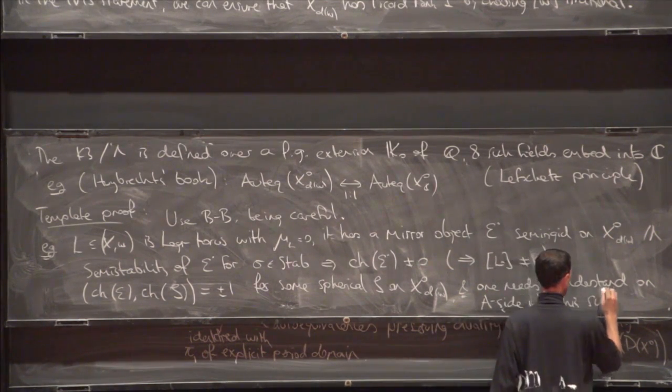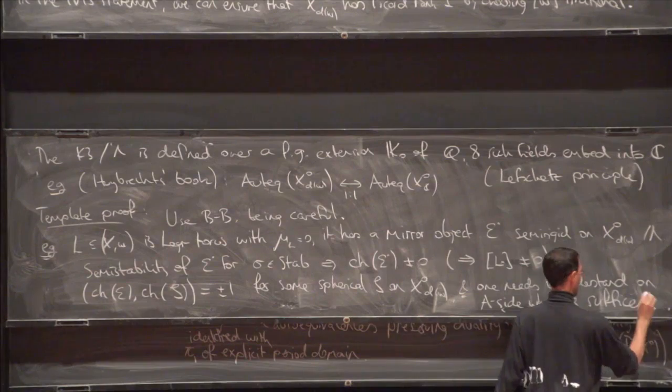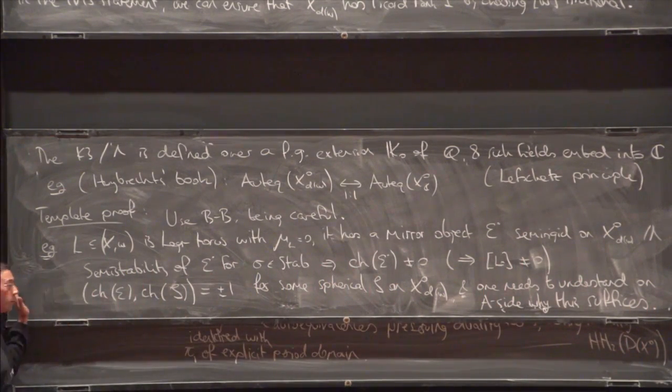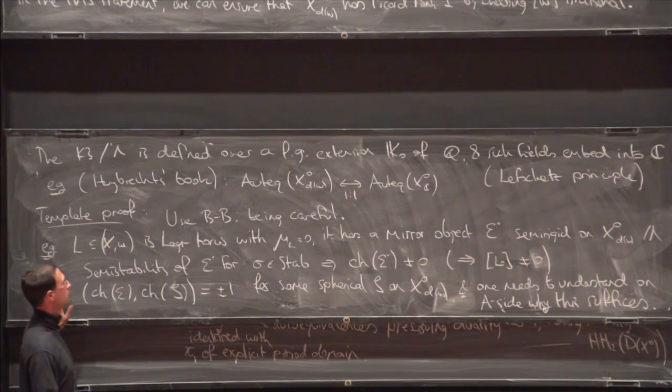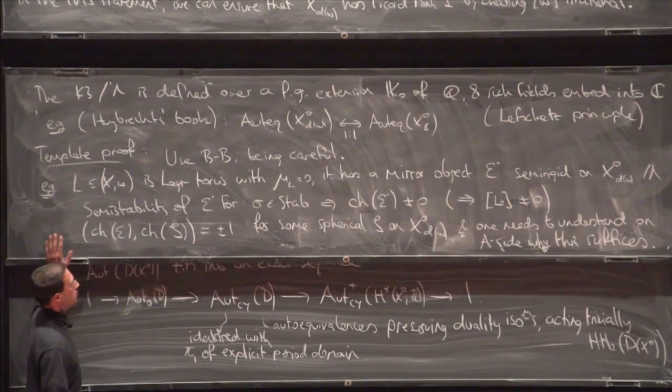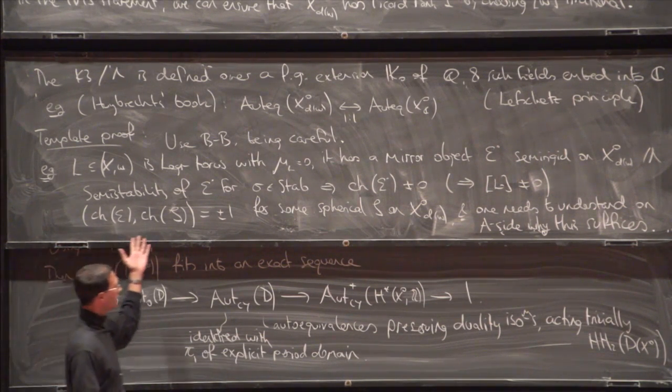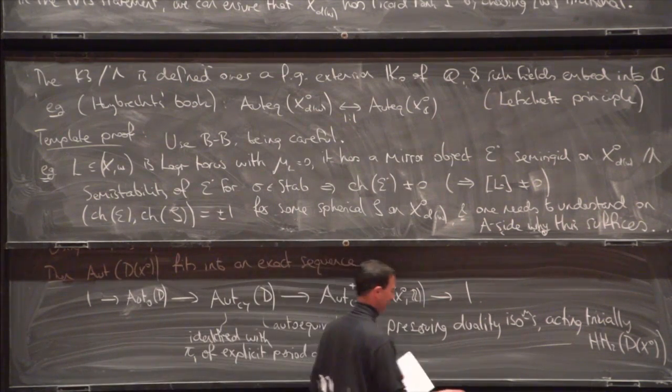If that was a general question about understanding integral structures in Floer theory, of course, we'd be stuck, hence the reading group on integral structures. But in this particular case, we understand enough about spherical objects and the lattice they span that we can get around this by being careful.